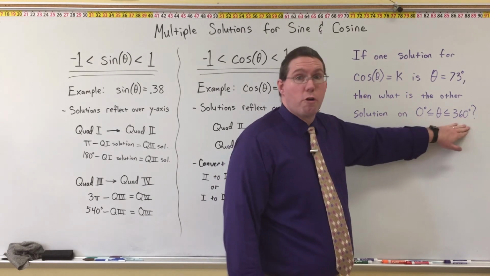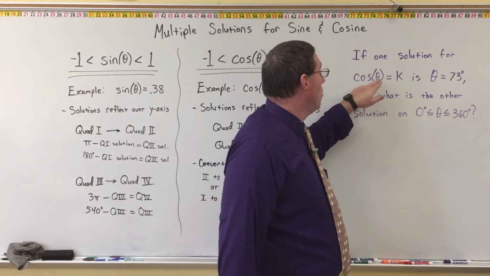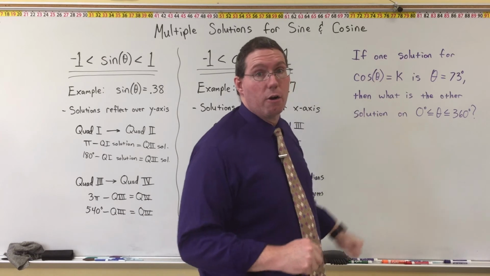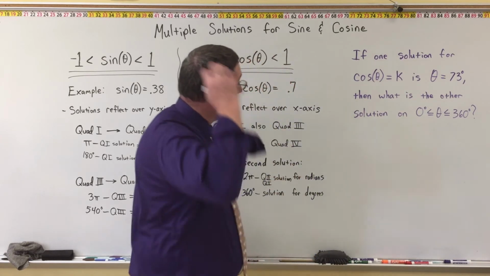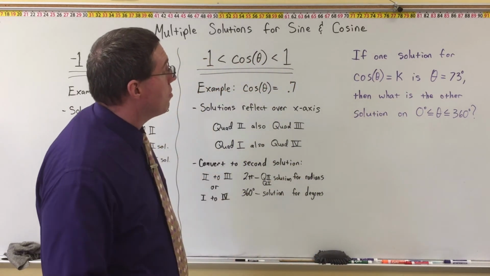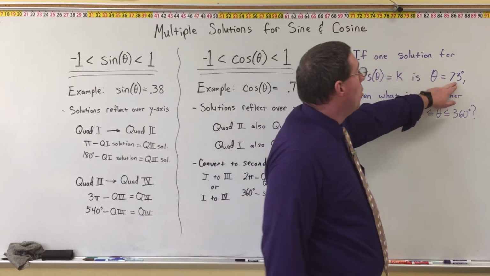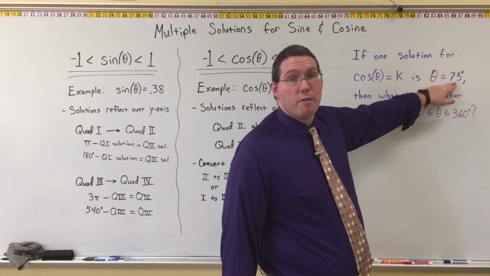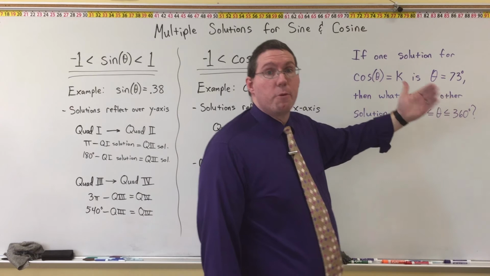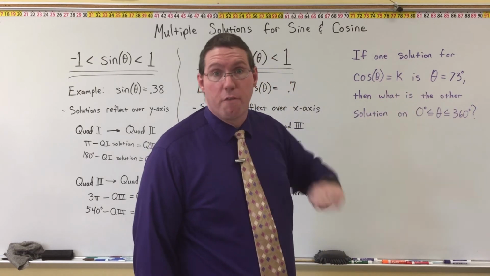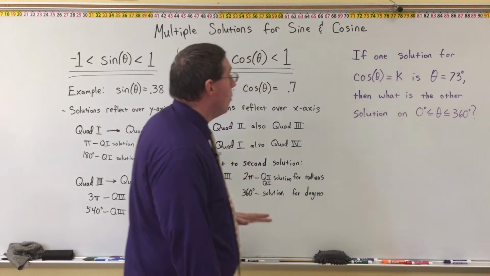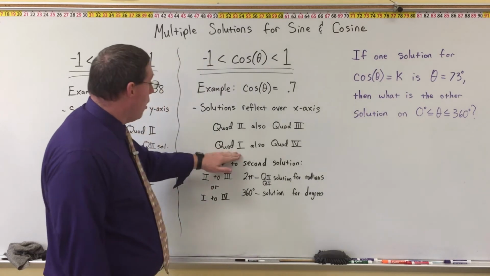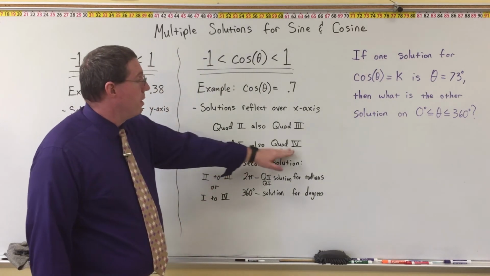Since we're doing a full circle, we know that cosine will have two values of theta that are solutions. Okay? And so one of the solutions is 73 degrees. So we have to decide which quadrant 73 degrees is in. Well, 73 degrees is between 0 and 90, and that's in the first quadrant. Okay? So we know that the other solution is going to be in quadrant 4.